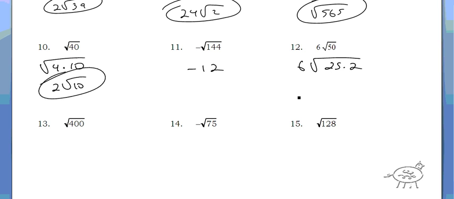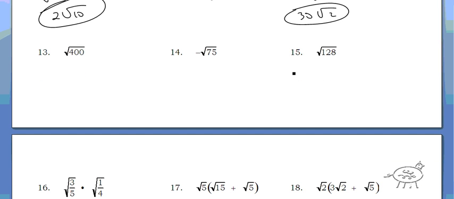Square root of 25 is 5. 5 times 6 is 30 root 2. 400, I guess what I would do right away is I'd say, well, I know that's 4 times 100. And actually, square root of 400 is a perfect square, but if you didn't know that, which you should try in your calculator, you could do it this way, and the square root of 4 is 2, square root of 100 is 10, 2 times 10 is 20.